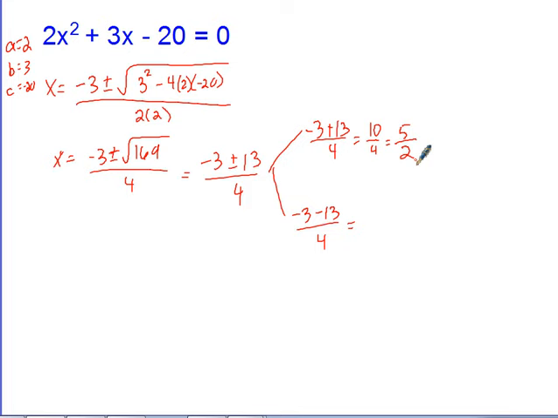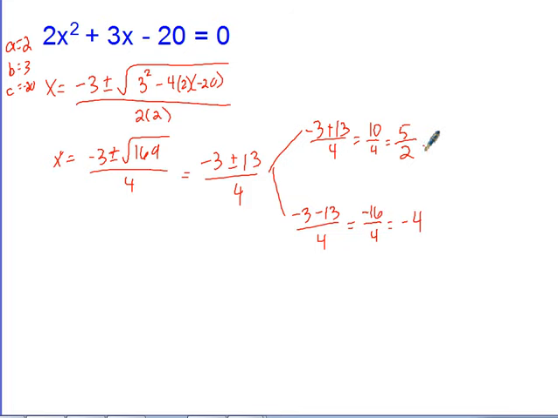Yeah, 2.5. So that's okay too, as long as the decimal is clean. You understand what I mean by clean? Like 0.5, 0.25. I don't want 0.5376 blah, blah, blah, because that's not right anyway, right? If it's 0.5 or 0.75, I'm okay with that. Okay? Negative 3 minus 13 over 4.